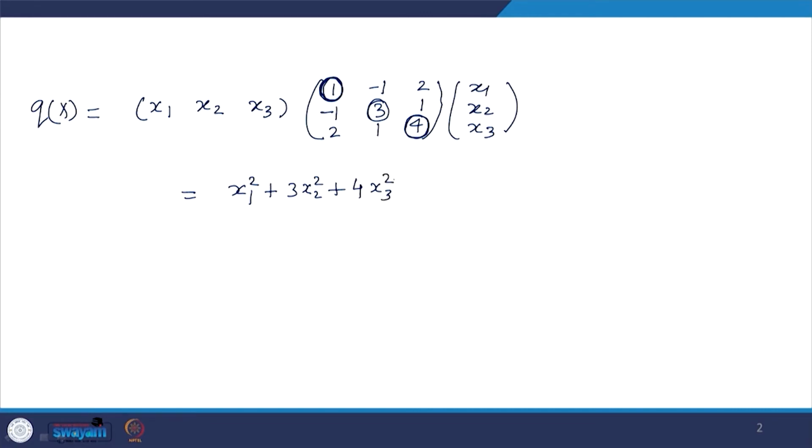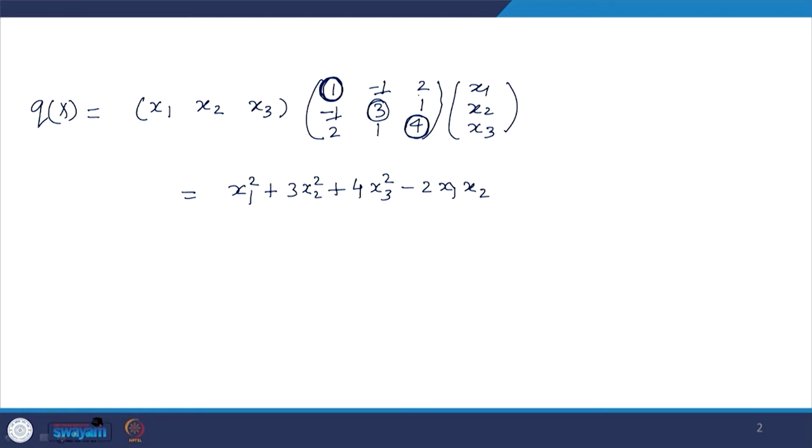Now, what will be the coefficient of x 1 x 2? That is the sum of these two entries, so minus 2 x 1 x 2.